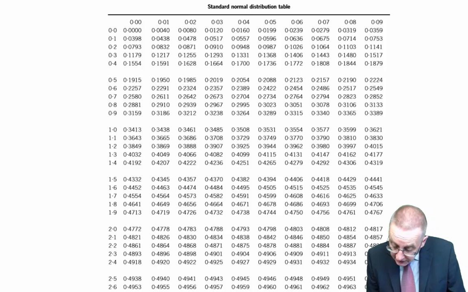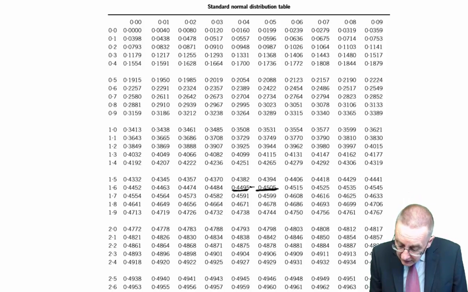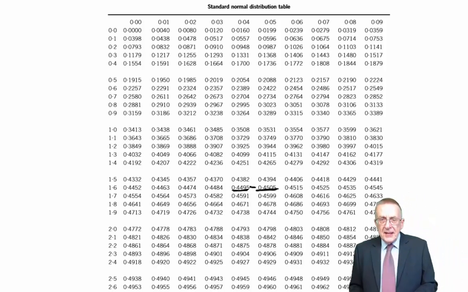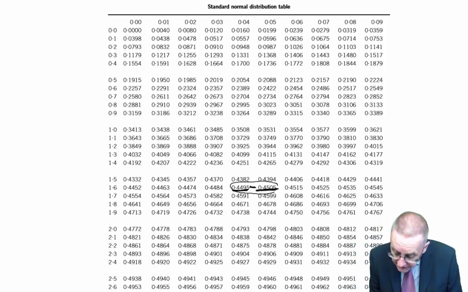And if you look down, here we are. There's 0.4495, here's 0.4505. And so, to get an answer of 0.45, it's more or less halfway between those two. And how many standard deviations is that?